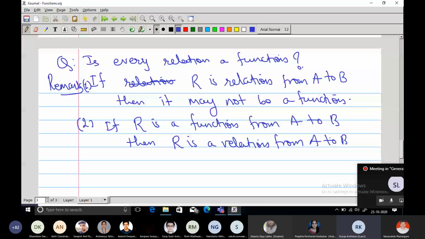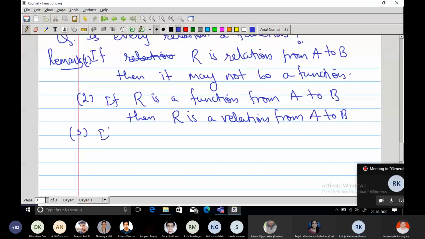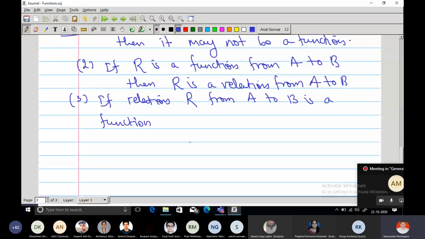Now, if a relation R from A to B is a function, then it is a subset of A cross B, right?